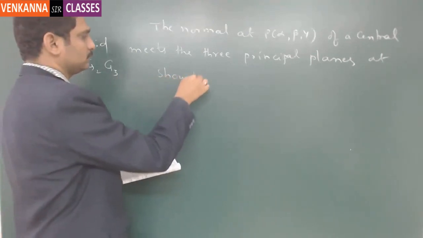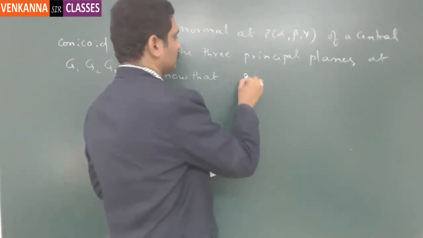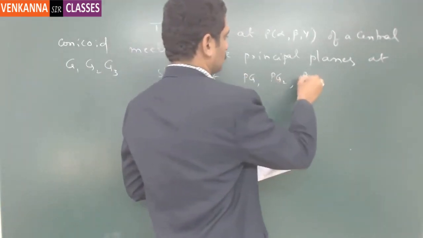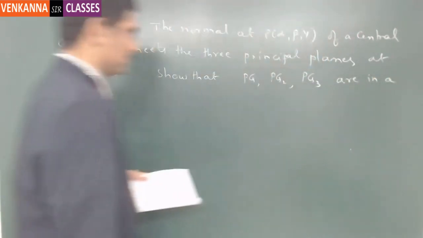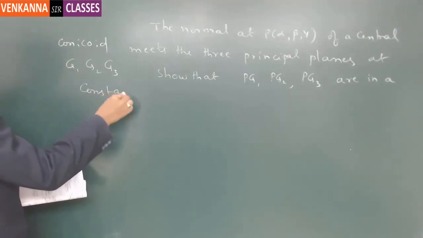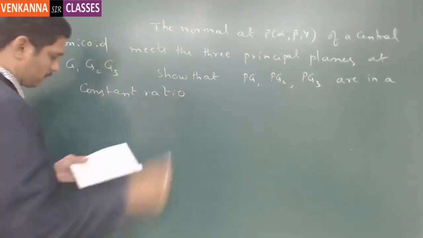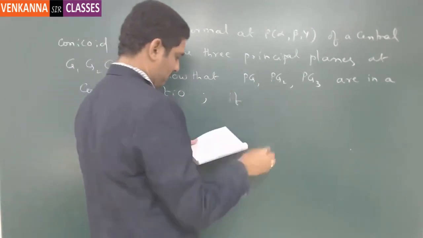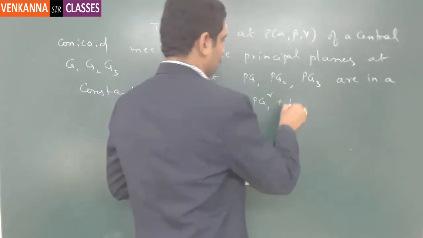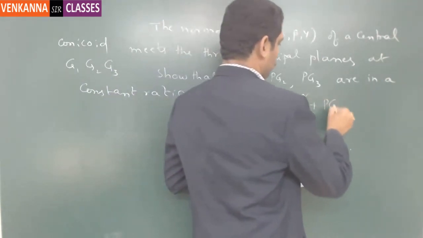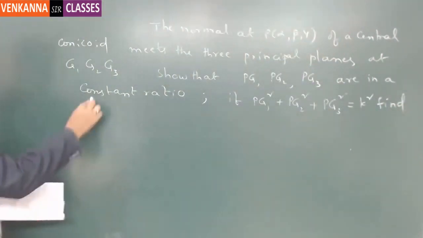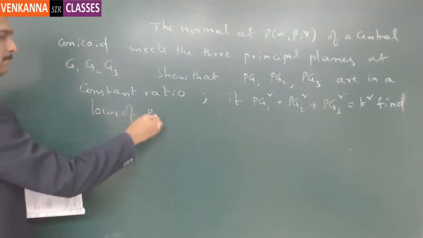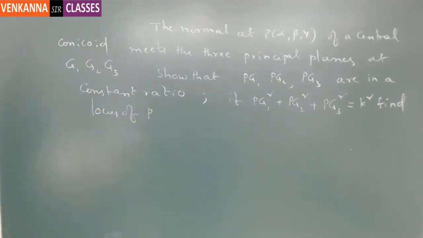Show that the distances are in a constant ratio. Please take a note of the problem. Then we discuss the approach.